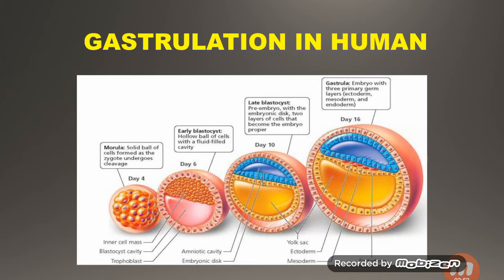At this stage, the formation of the primitive streak defines the major body axis of the embryo, including the cranial end towards the head and the caudal end towards the tail, as well as the left and the right sides of the embryo.